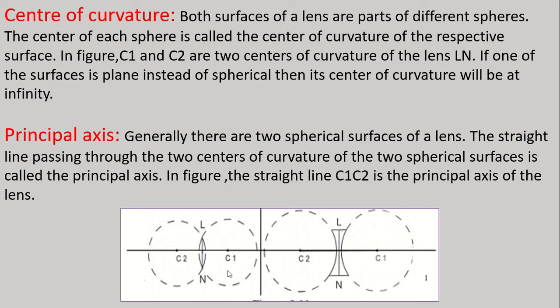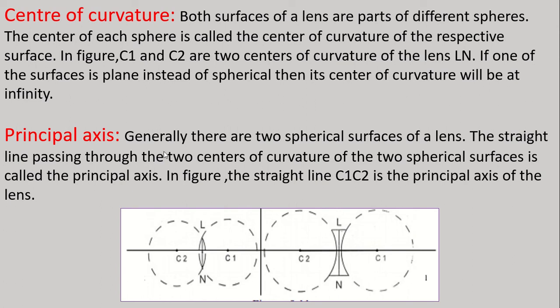The center of each sphere is called the center of curvature of the respective surface. In the figure, C1 and C2 are the two centers of curvature of the lens. For a lens there will be two centers of curvature. If one of the surfaces is plane instead of spherical, suppose the lens is plano-convex or plano-concave, whose one surface is plane, then in that case its center of curvature will be at infinity.